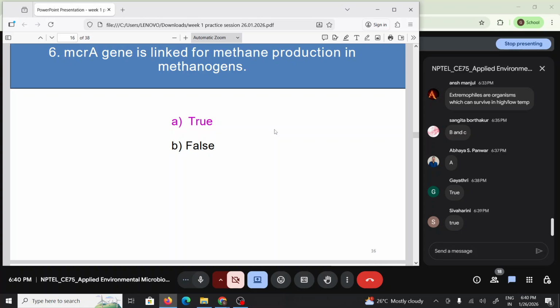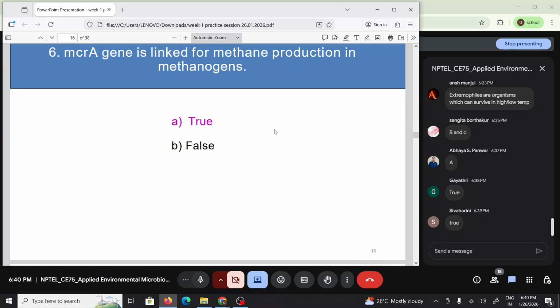To give a bit of information about the mcrA gene, it is a functional marker we use to study methanogens, and basically this gene encodes the alpha subunit of methyl coenzyme M reductase. This methyl coenzyme M reductase is one of the key enzymes in methane production.